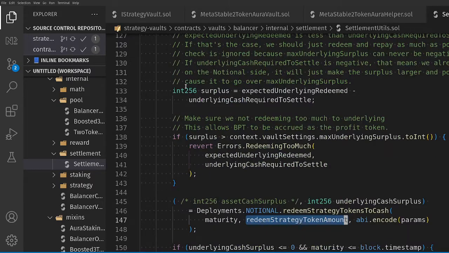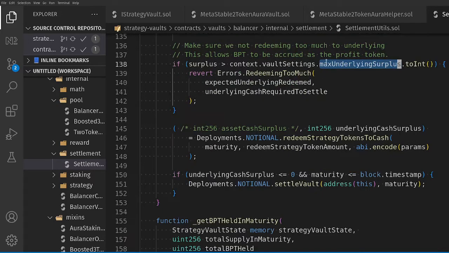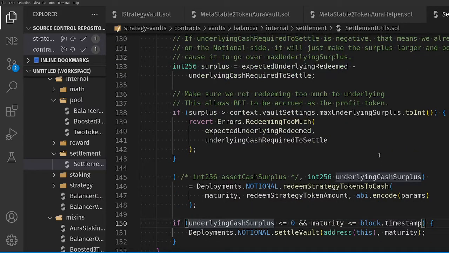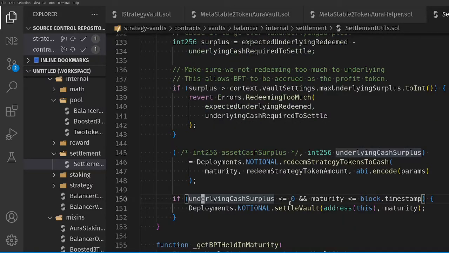So we'll do that check here, which is a setting set by governance, and then if we have a negative surplus here, meaning that we've raised sufficient cash to repay all the debt, we can go ahead and call settle vault on Notional. That will snapshot the valuation post maturity.